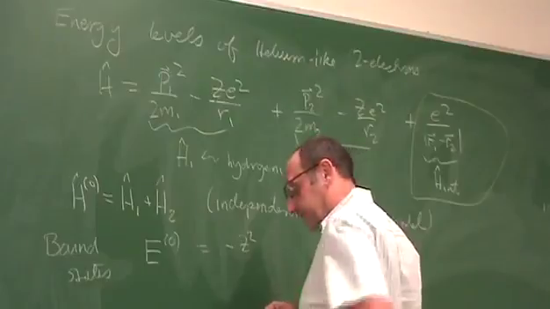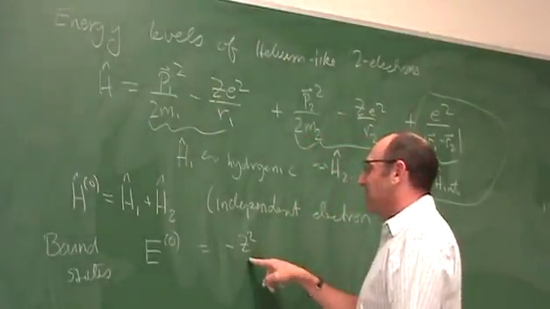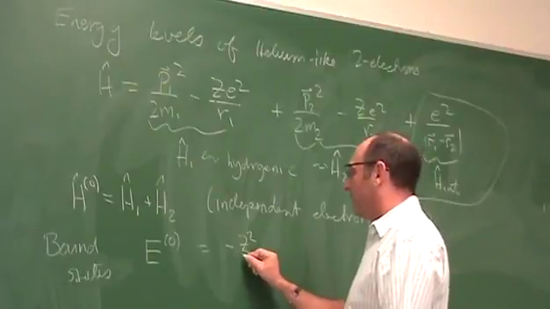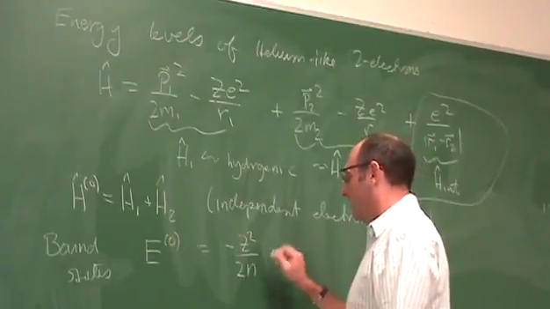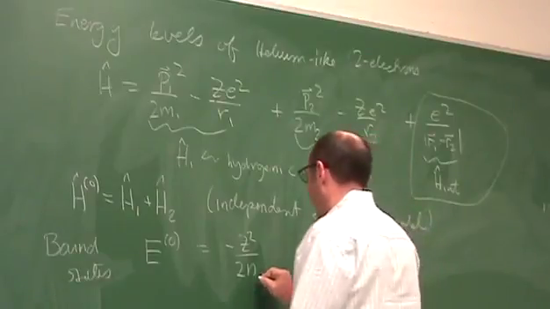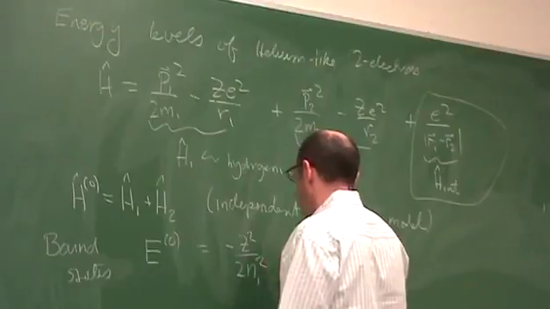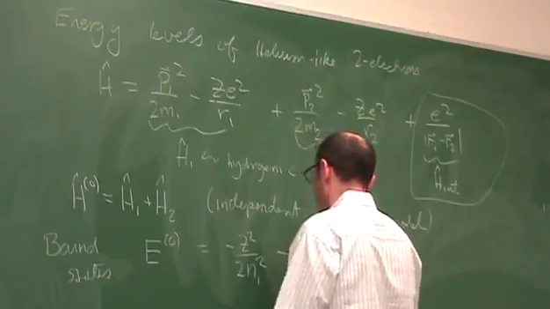Z squared over 2 n1 squared, and then there's another for electron 2.